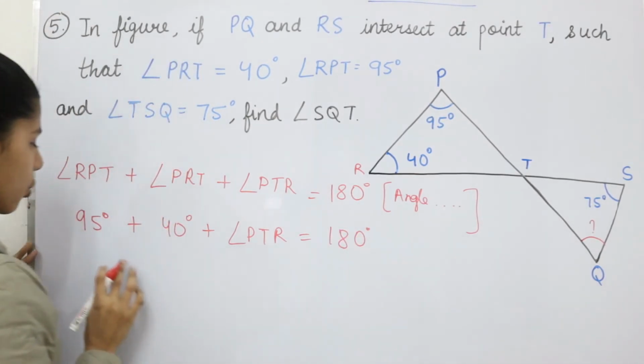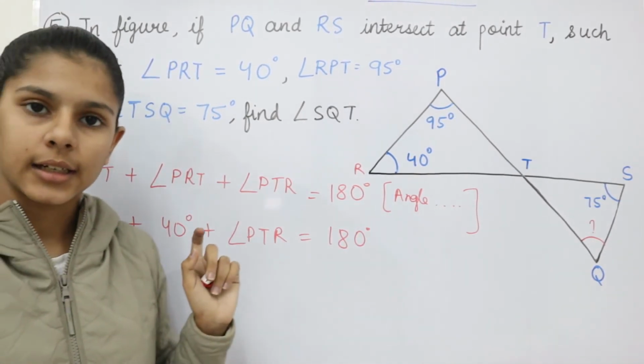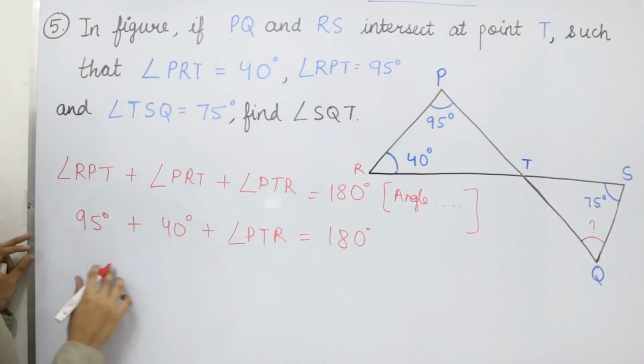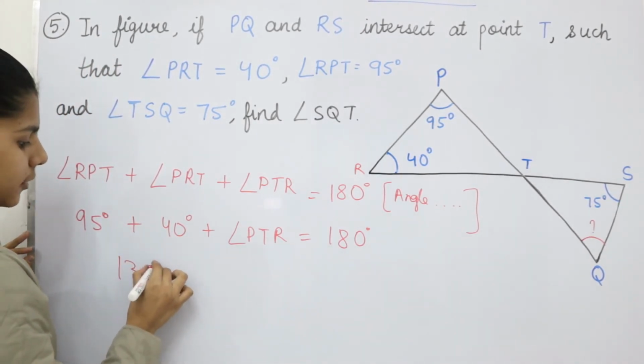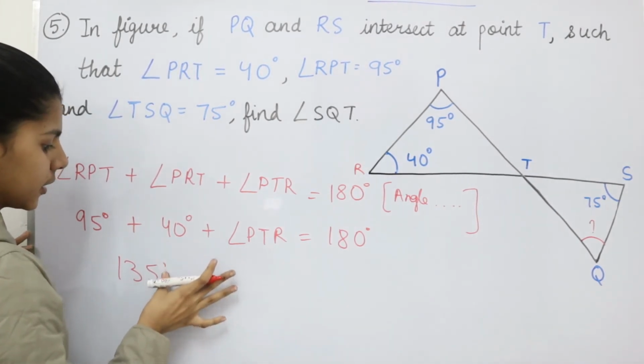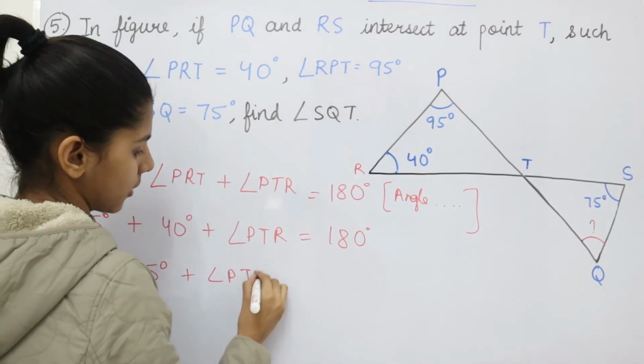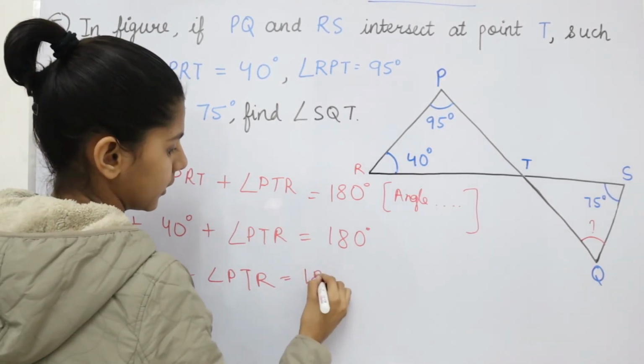So 95 degrees plus 40 degrees is 135 degrees. It will be 135 degrees plus angle PTR is equal to 180 degrees.